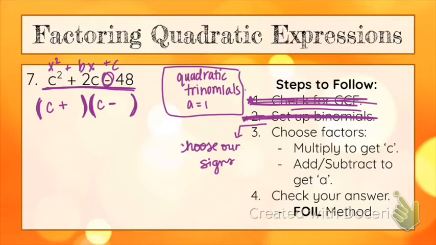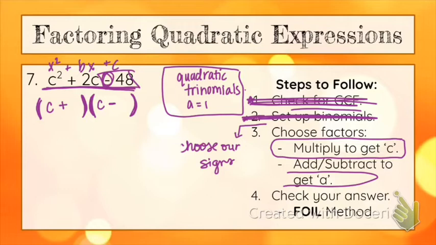Now, we need to figure out what factors we can get to multiply to get C. So C is negative 48, and add or subtract to get B, which is positive 2. Whenever we have addition and subtraction, one factor is going to be positive and one's going to be negative.